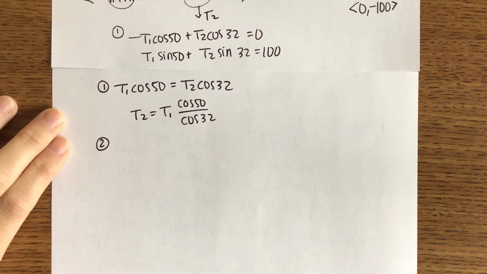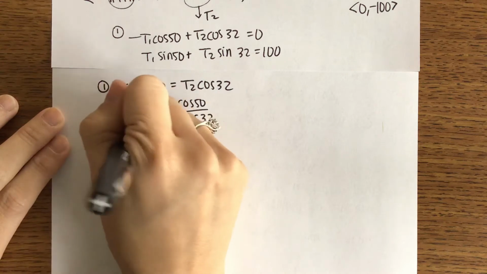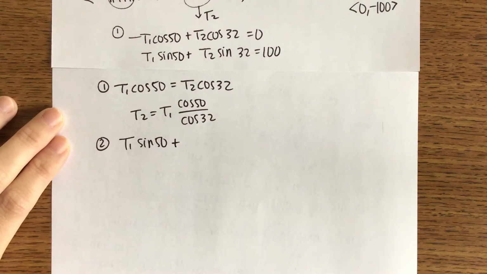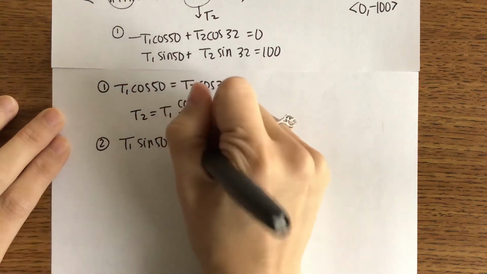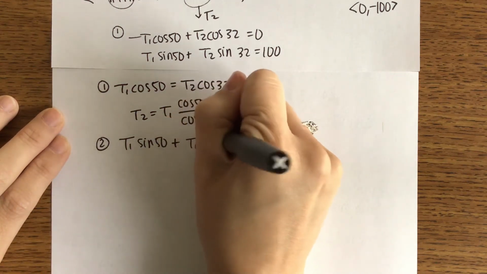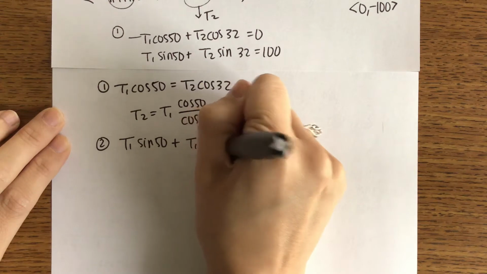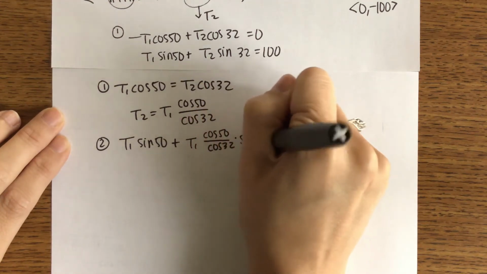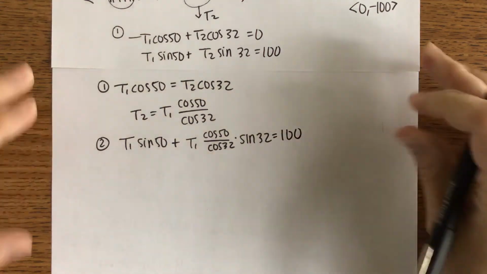If I go to that second equation then, I have T1 sine of 50 plus, instead of T2, we're going to use the expression we just came up with. So that's T1 cosine of 50 over cosine of 32 times sine of 32 equals 100.